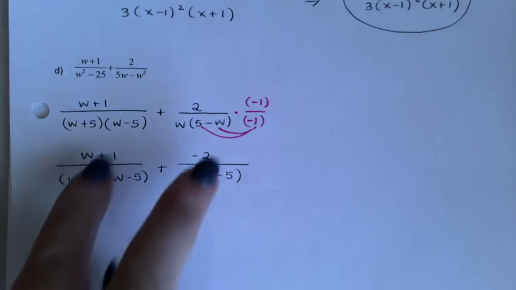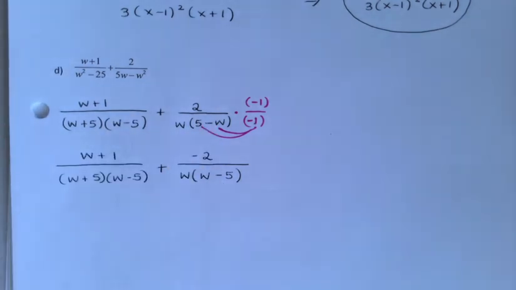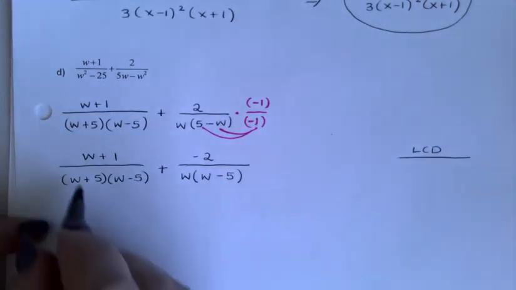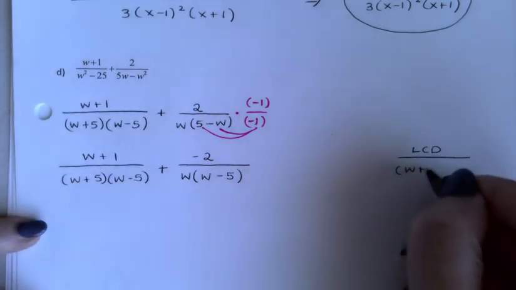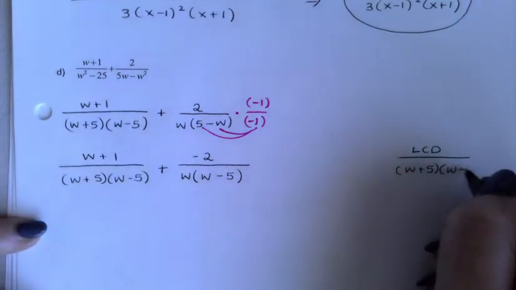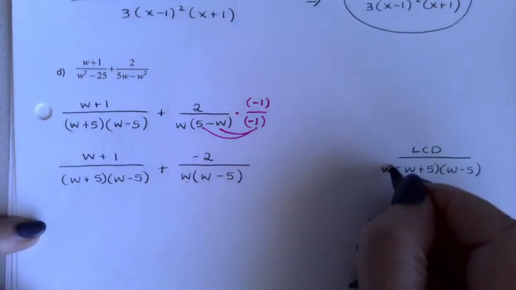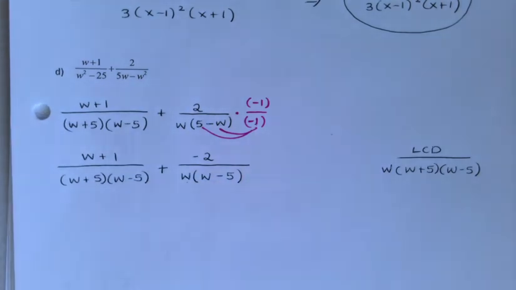I won't have to include both of these because now they both look alike. So for my LCD, I will have w plus 5 times w minus 5. This w also has to be included, but that w minus 5 is now already there.